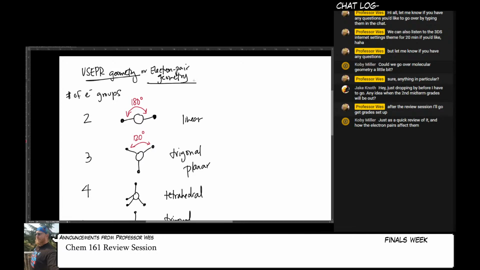I wish that books would give this the same name, but whatever. And really, all you have to do here is count the number of electron groups. Remember that an electron group can be any number of bonds to another atom. So a single bond, a double bond, or a triple bond, each of those is one electron group. Or a non-bonding electron pair.